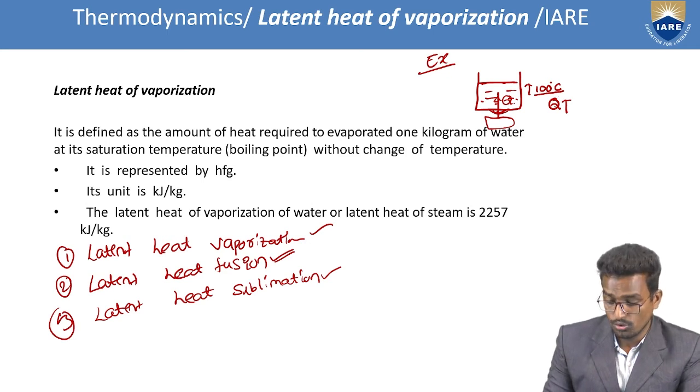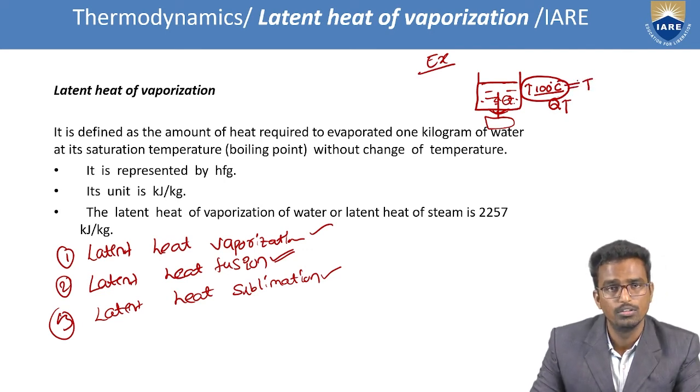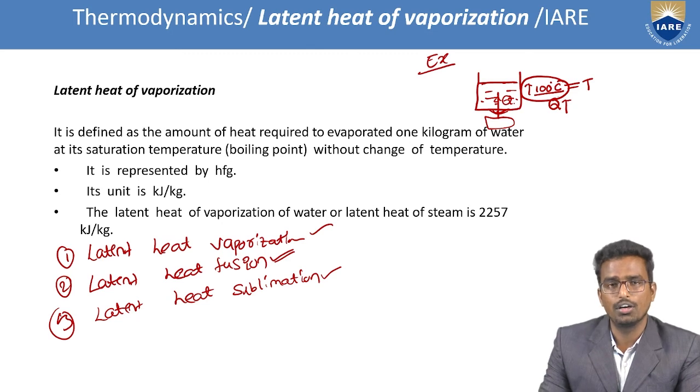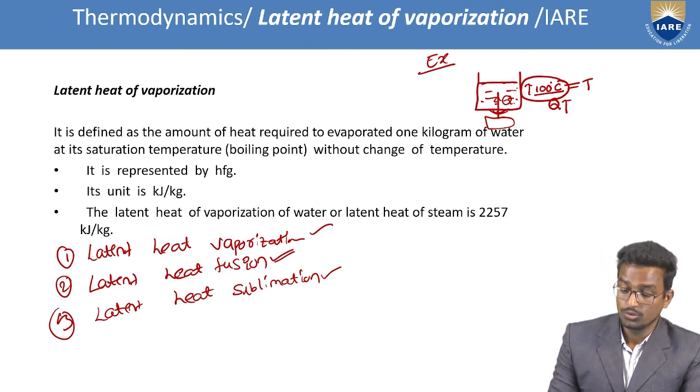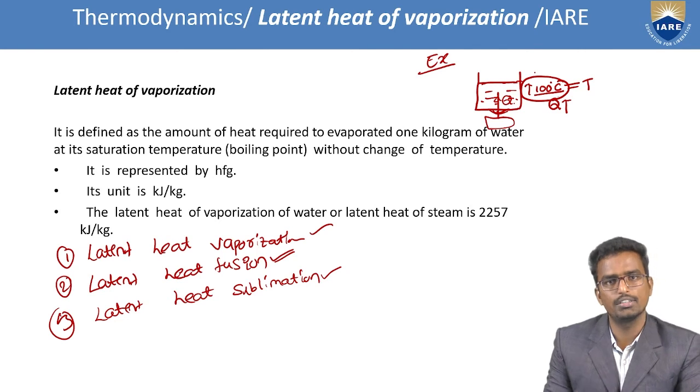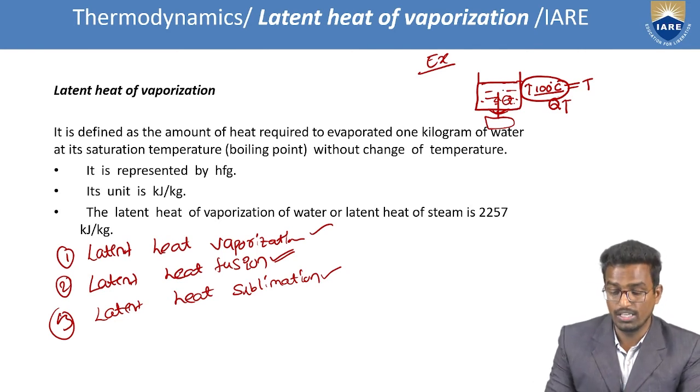At the same 100 degrees centigrade, without a change of temperature, I am adding heat to the system and changing its phase from liquid to gaseous. Sorry, this is what you call latent heat of vaporization. I am extremely sorry for this.